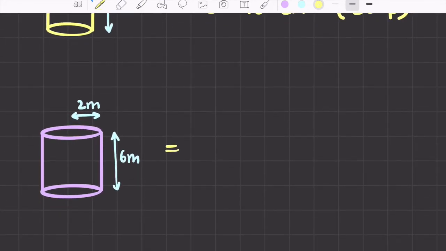Okay, let's have a go at another one. So again, we've got two circles top and bottom, so let's add up those ones first. So I've got two of them, and the area of a circle is pi times r squared, so pi times 2 squared. Then we need to add on the rectangular bit. Okay, so that is the circumference of that circle multiplied by 6, so it's 2 pi r, so 2 pi times 2 times the height there, 6.